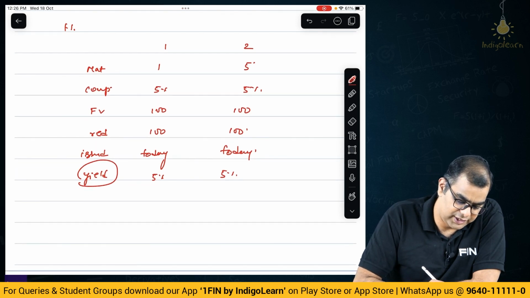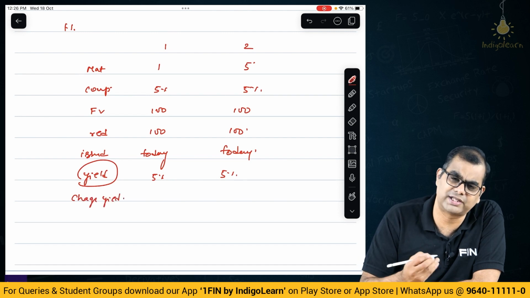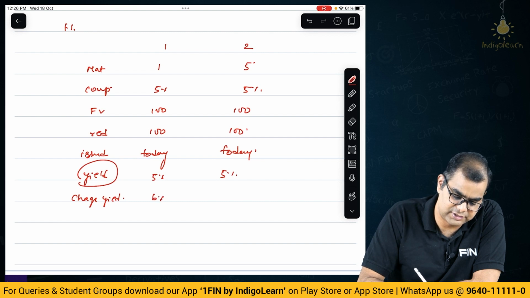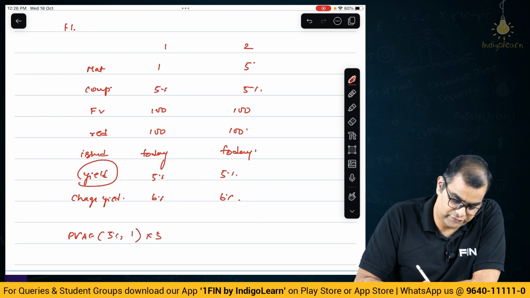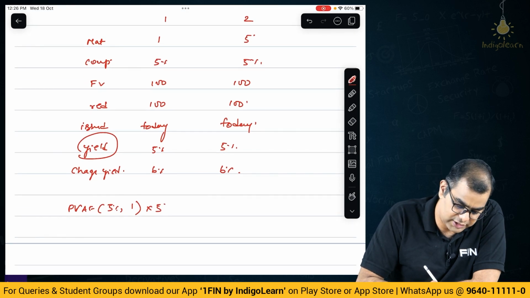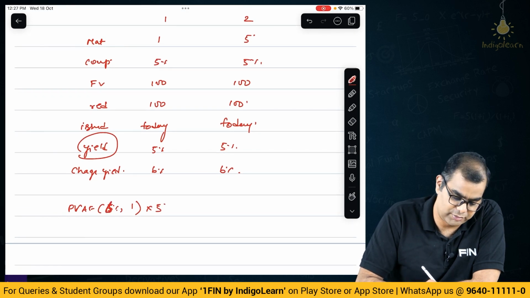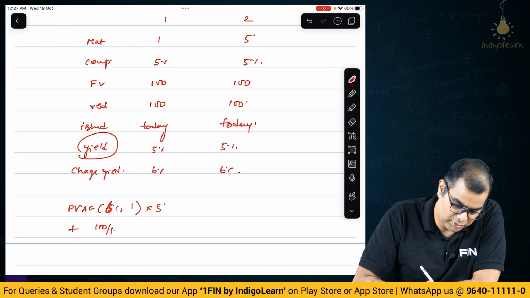Then, if the yield changes from 5% to 6%, on day 0 itself, next day morning, let us say yield changes to 6%. What is the impact? How will you price? Present value annuity factor for 1 year into 5, which is your coupon, and this is not 5%, this is 6%, because the changed yield is 6%, plus 100 by 1.06.